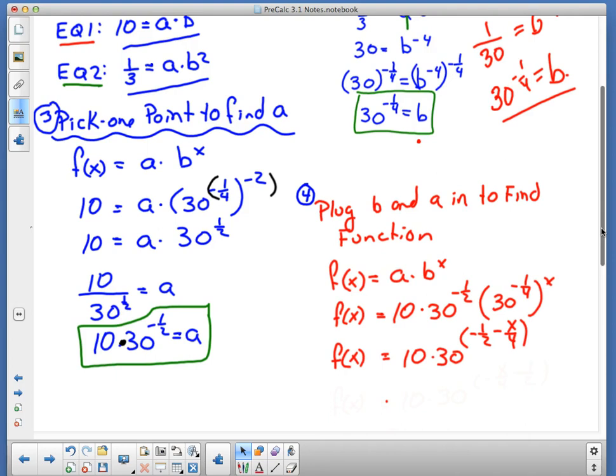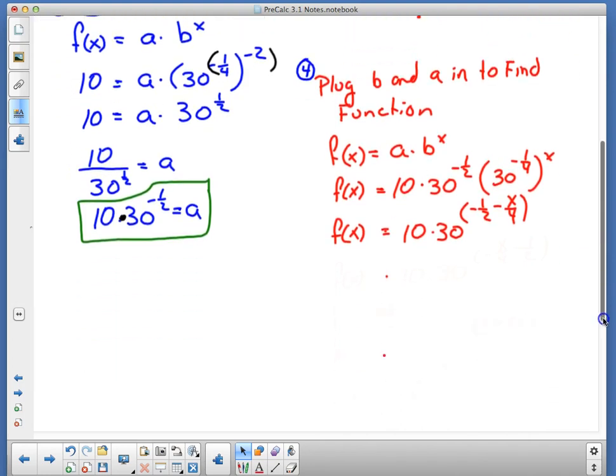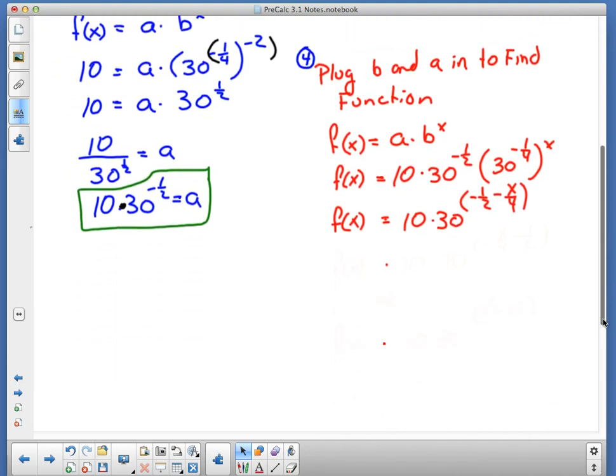Now I want to kind of step out for a second. If you're in a multiple choice test and you're asked to find the function, they could have their answer in a different way. What happens if I factor out a negative 1/4 out of that power?